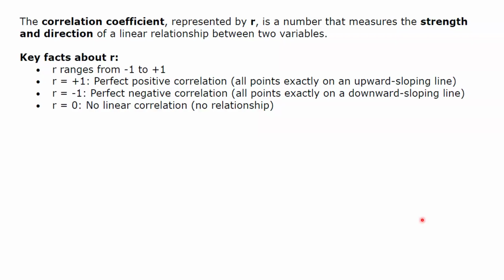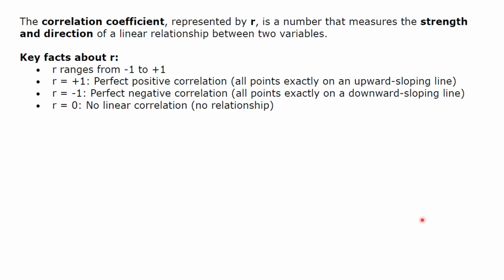And that comes into our next concept, the correlation coefficient. So to measure correlation precisely, we use something called the correlation coefficient, represented by the letter R. The correlation coefficient is a number that measures both the strength and direction of a linear relationship between two variables. And here are the key facts about R. R ranges from -1 to +1.